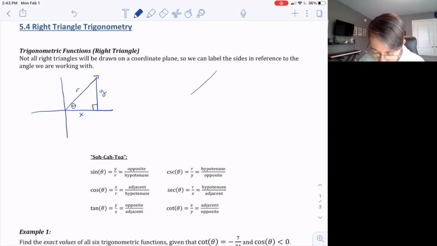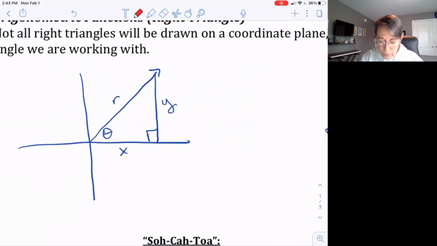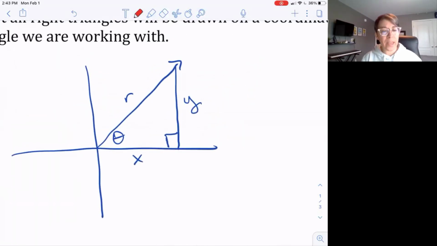We can create a right triangle over here somewhere, where here's the angle that we're looking for, and it's not on or described as being on an XY coordinate plane. So instead of using X, Y, and R, we use words in reference to the angle that we're trying to use. For example, if we're focusing here on angle theta, then we take the R and we call that the hypotenuse.